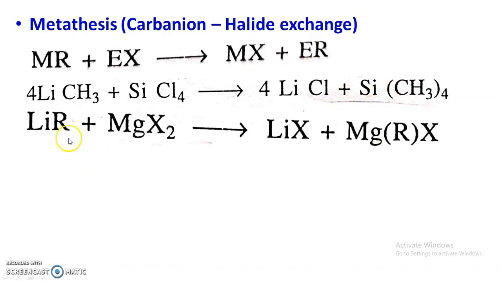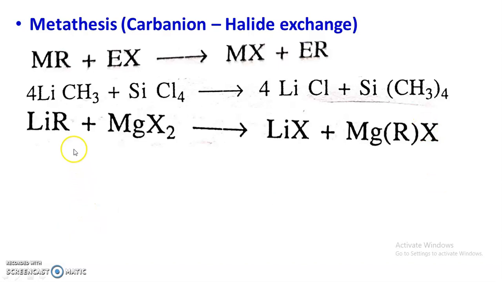Another example: when alkyl lithium is treated with magnesium halide, then we get lithium halide plus the organometallic compound RMgX. This is the Grignard reagent. Magnesium is attached to an alkyl group and a halogen.